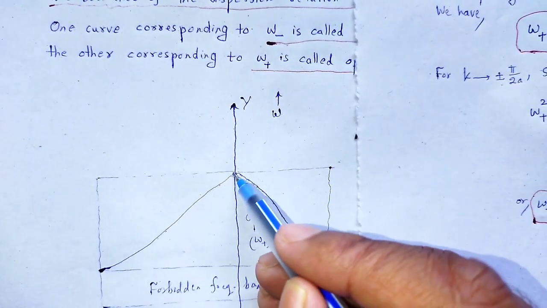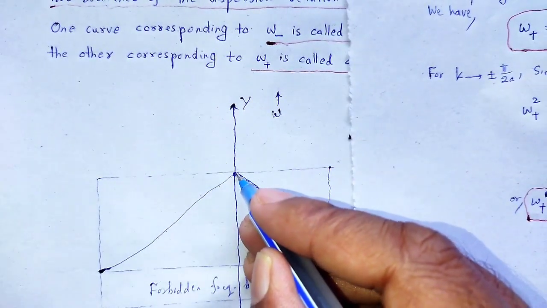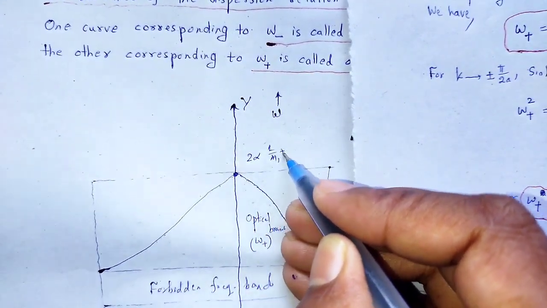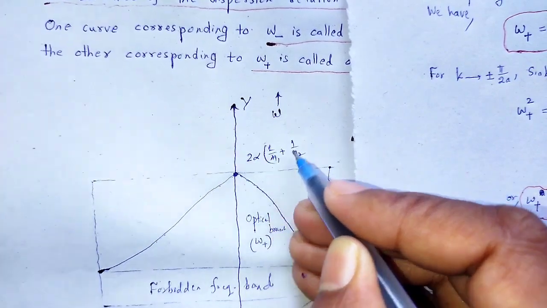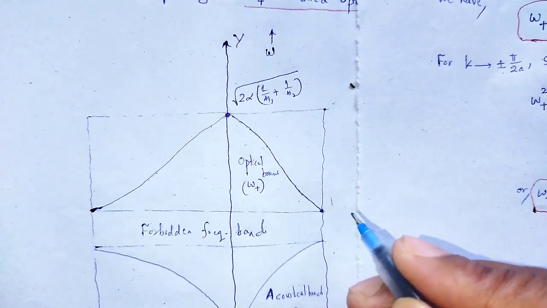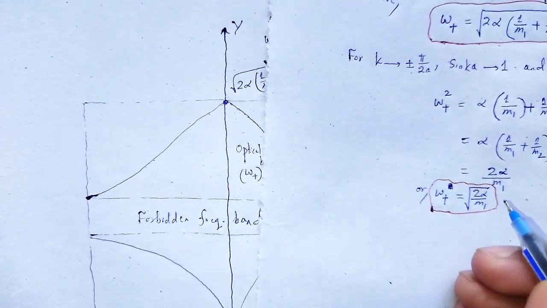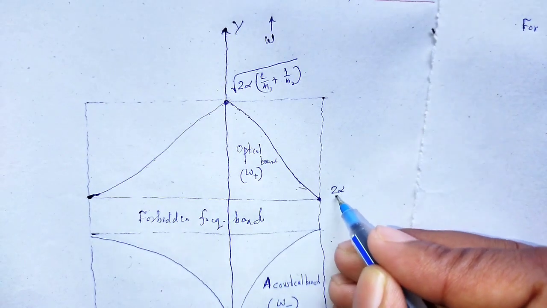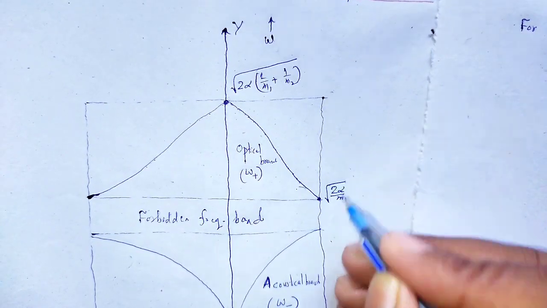For the optical branch, at that point the frequency is under root of 2 alpha 1 by m1 plus 1 by m2, and at that end the frequency is under root of 2 alpha by m1.